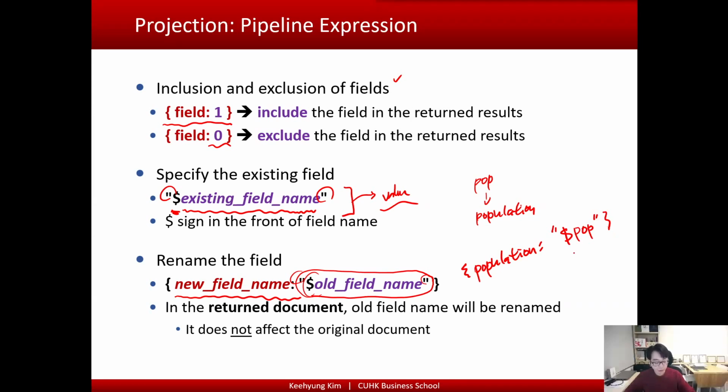By doing this, the old field name will be replaced by the new field name in the query result. So all the field names will be renamed. However, it does not affect the original document inside the collection because it's a query. Only in the result of the query, the new name will be used.